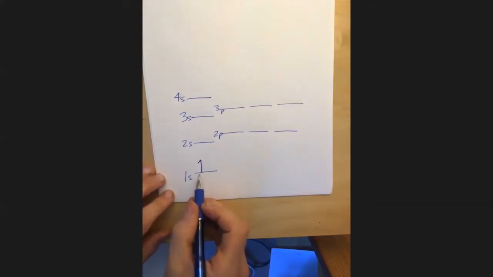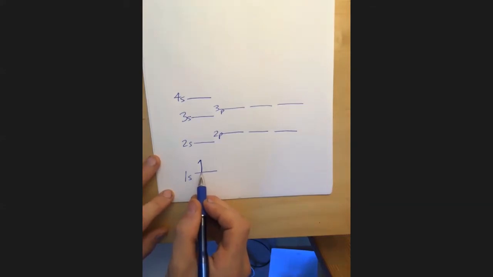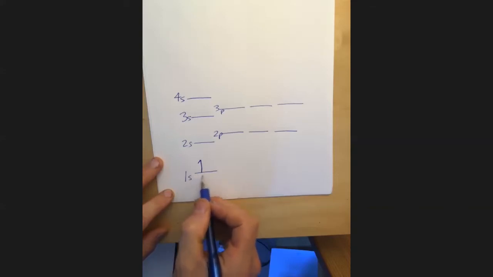And for some reason in chemistry, we draw them with little up arrows and down arrows to represent 2 different ways of thinking about the electrons. So this electron in hydrogen is in the first energy level, in an s orbital, and we're going to draw it with an up arrow to show spin up. Okay?